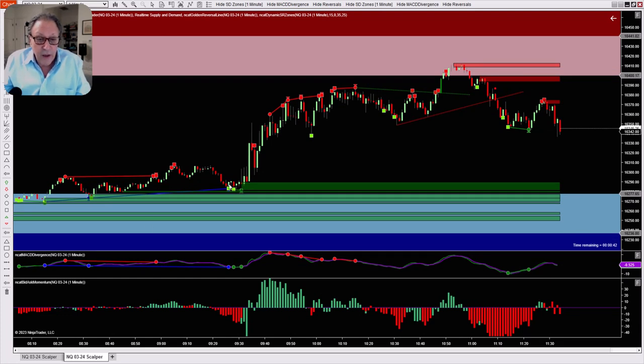And what I'll be looking for is, for example, right around here, right at the 9:30 open, I got a long divergence signal, and I'm just kind of sitting on it and waiting, and I'm looking for a change in the volume. Now, let me tell you about this bid-ask momentum. Obviously, green and red.